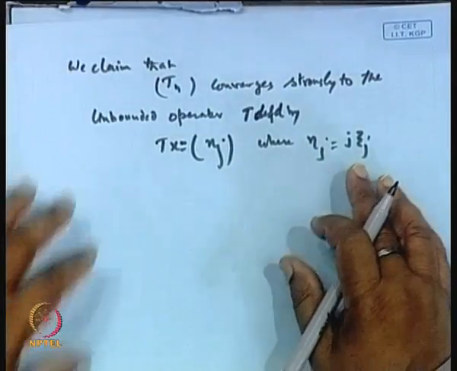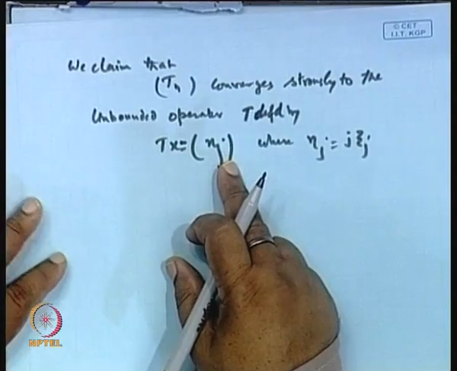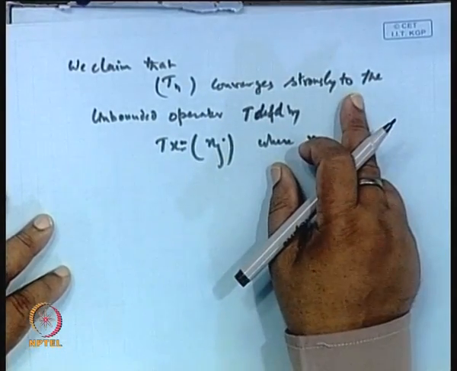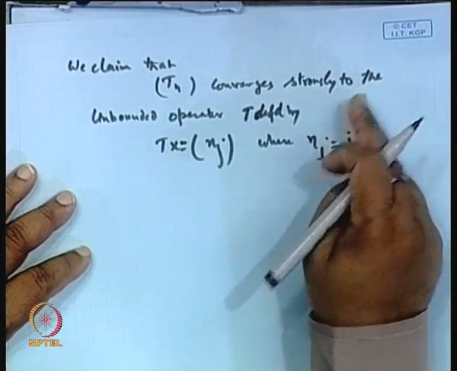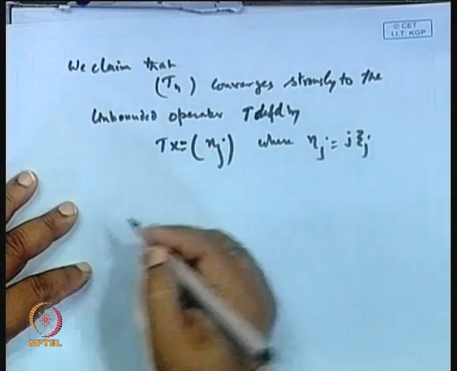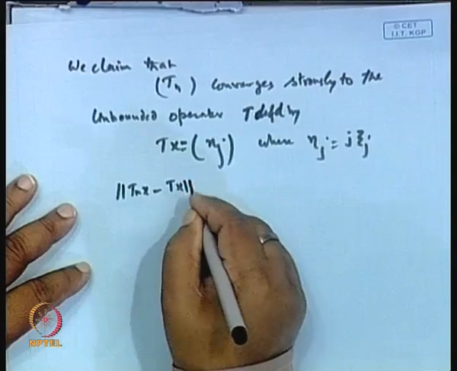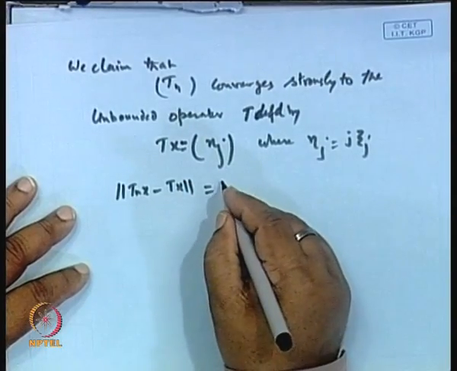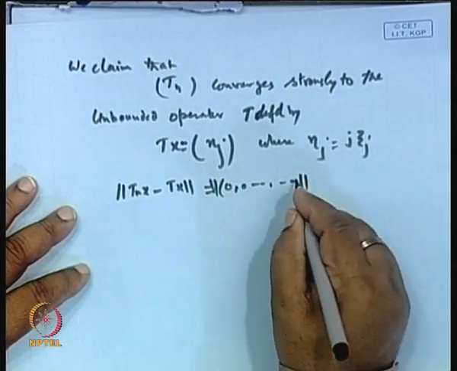So, T_n x converges strongly to this unbounded operator. Why? Strongly means the norm of T_n x minus T x. What is this? It is basically 0, 0, 0, 0, and then the norm of the tail, is it not?